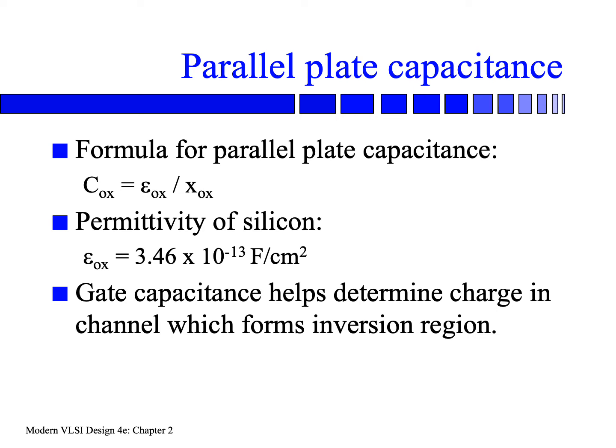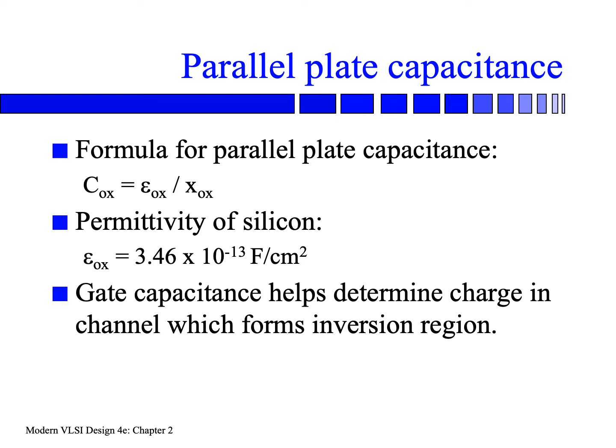Essentially, we can reformulate this capacitance, because it is pretty much formed by the silicon dioxide. So we can write this unit capacitance as epsilon ox divided by the distance between the two plates, Xox.